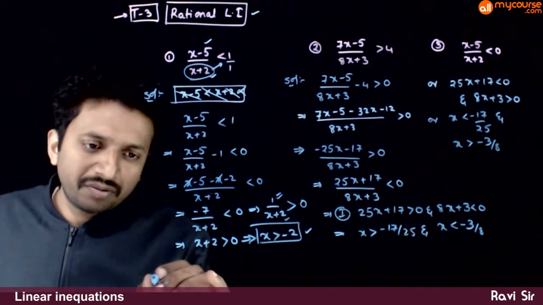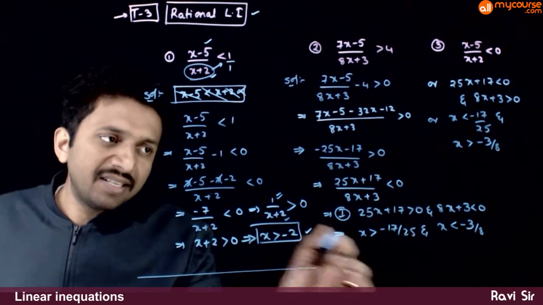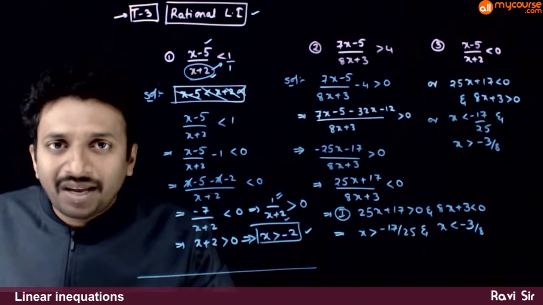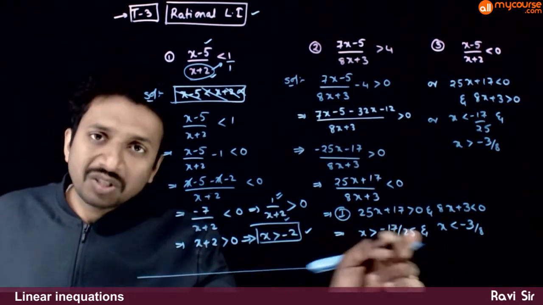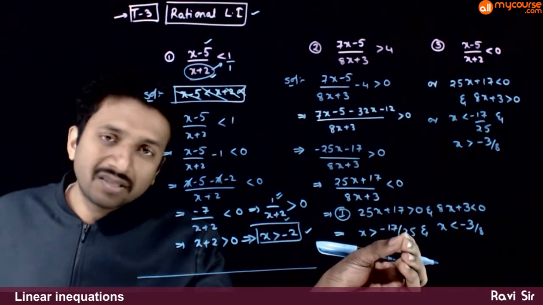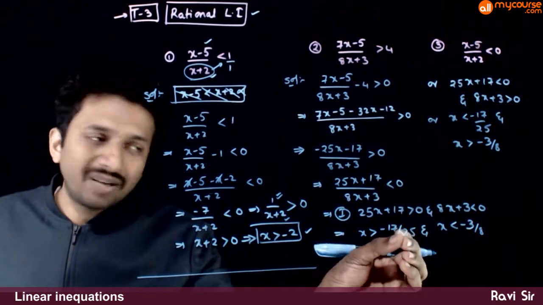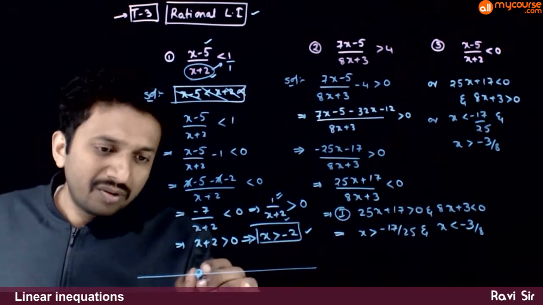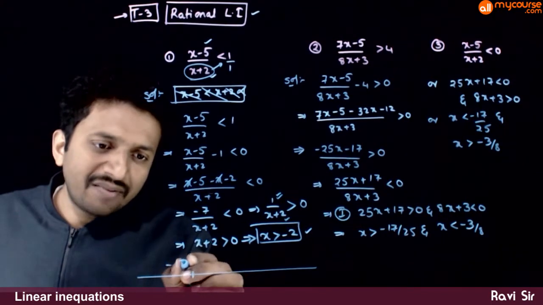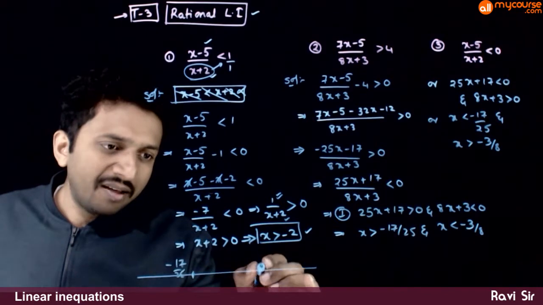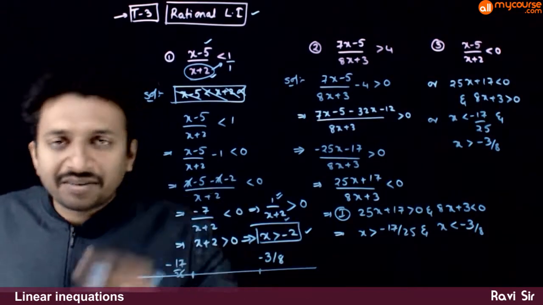So what is the first solution? x is greater than minus 17 by 25 and x is less than minus 3 by 8. Which of these is smaller? Minus 17 by 25 is something like minus 0.6 something. This is minus 0.4 something. So minus 17 by 25 lies on the left side and minus 3 by 8 lies here.